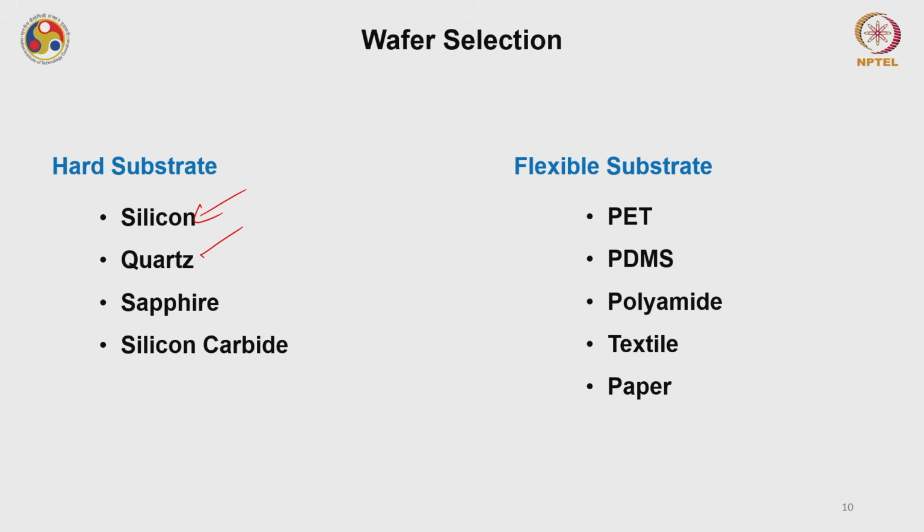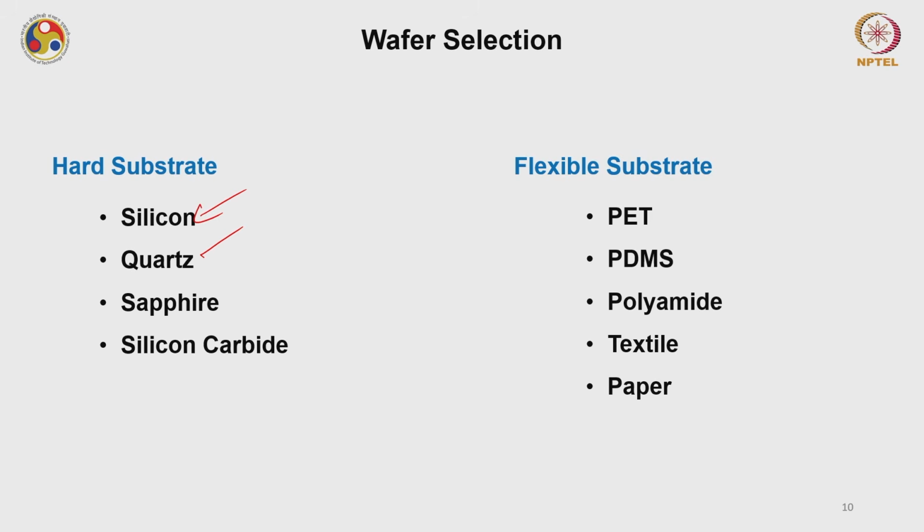Some of these flexible substrates are even stretchable, like PDMS. Then some sensors have to be fabricated on paper also, for cost effectiveness and other purposes. Some wearable sensors come on direct textiles. So textiles have also become a very crucial flexible substrate in modern electronics.